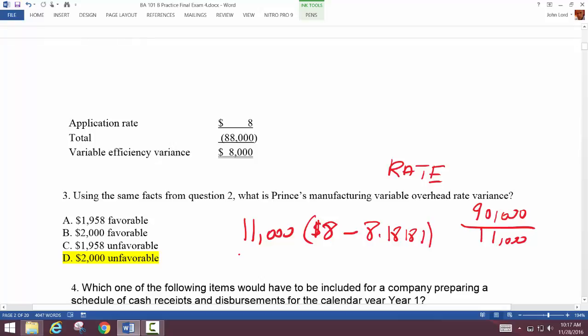So when I take this 11,000 times negative 0.18181, what do I get? 1999.99 or something like that. Is that correct? 1999 is the answer? Roughly 2,000 unfavorable?